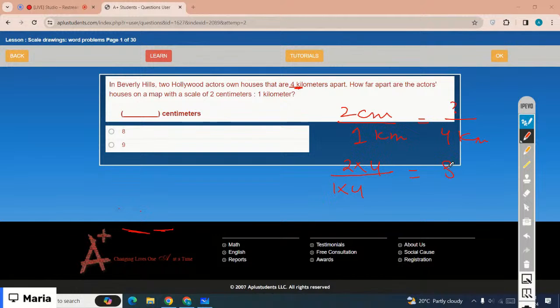So 4 times 2 is 8 and 4 times 1 is 4. That means on the map they are 8 centimeters apart. The correct option is 8 centimeters.